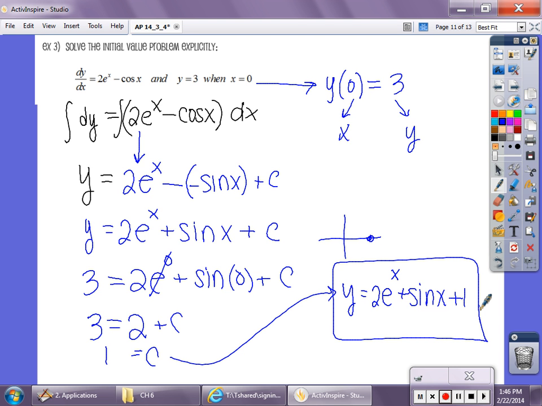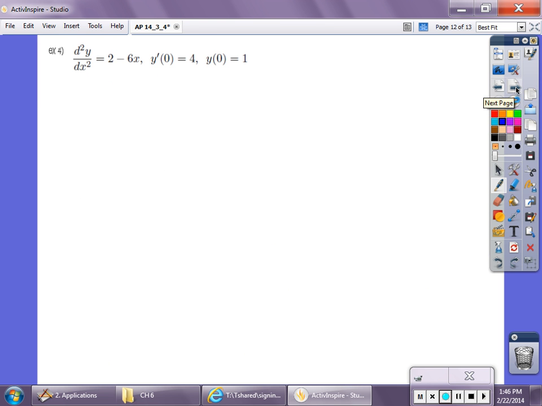All right, and then this last guy, the last problem of the day, I would like you guys in your groups to really try this one. You can see that we're at a second derivative, so you're going to use what you just learned to get to the first derivative, and then you're going to have to do another integration using that to find the final function.